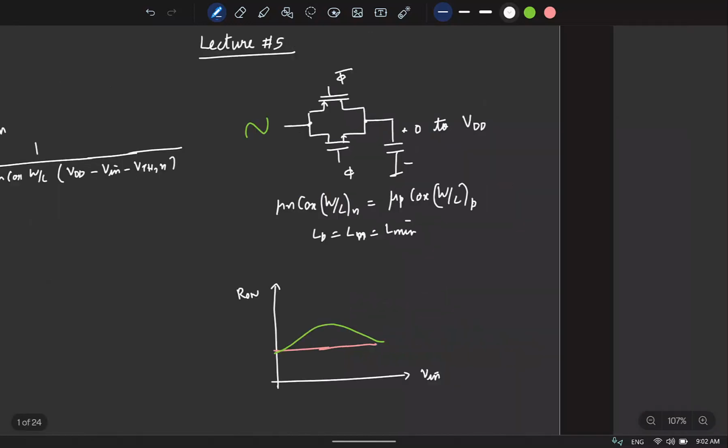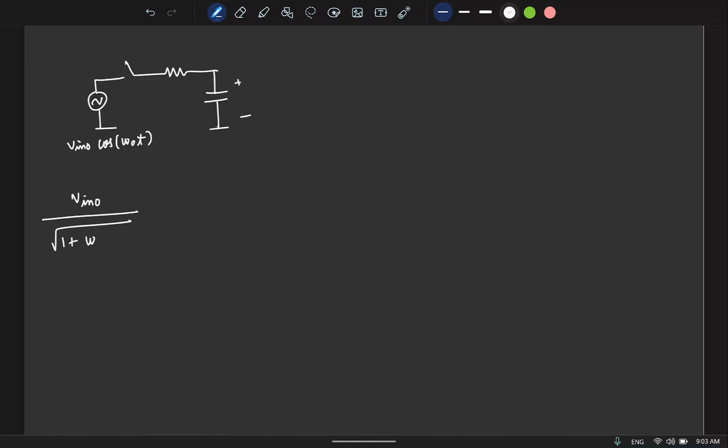The reason is, if you recollect, when we had a sinusoid of the form V naught cos omega naught t and a finite on resistance for the switch, the output voltage had a transient portion that decayed to 0. In steady state, the amplitude was 1 by square root of 1 plus omega naught square R on square C square, and the phase was minus tan inverse omega naught R on C.